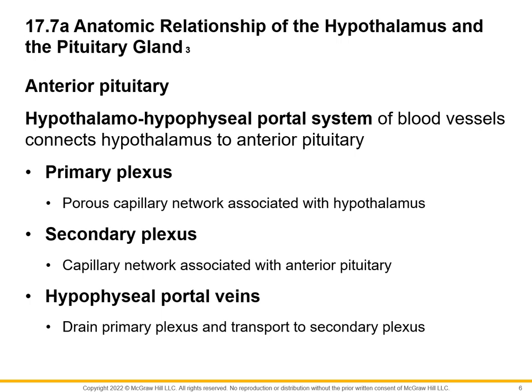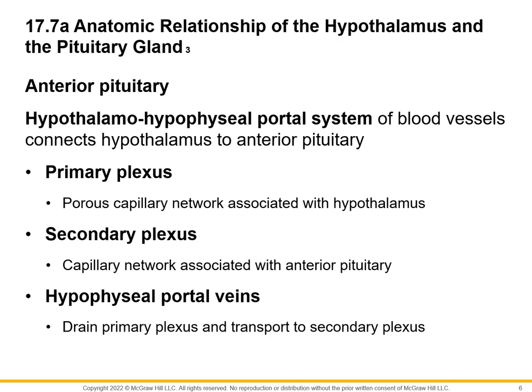Now, for the posterior, as we said, you have that hypothalamo-hypophyseal tract, right? For the anterior pituitary, you have something similar, but instead of utilizing neurons, it's going to utilize blood vessels, right? So you have something called the hypothalamo-hypophyseal portal system, okay?